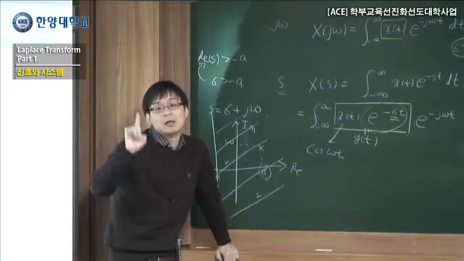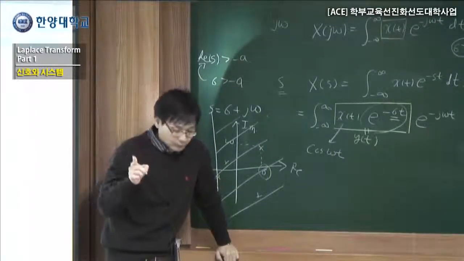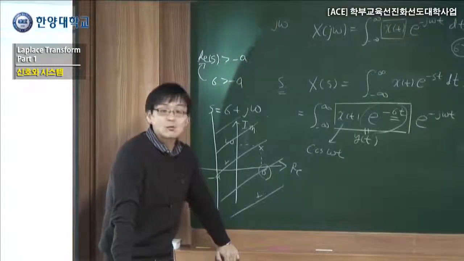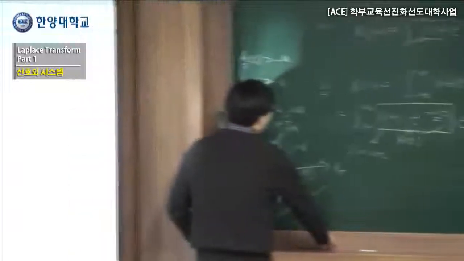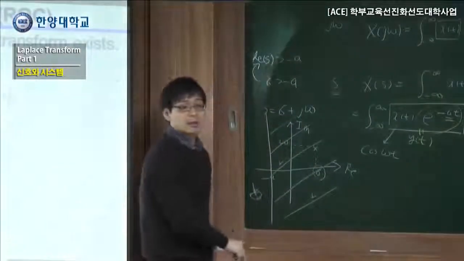Interestingly speaking, those regions of convergence always appear as a vertical line.